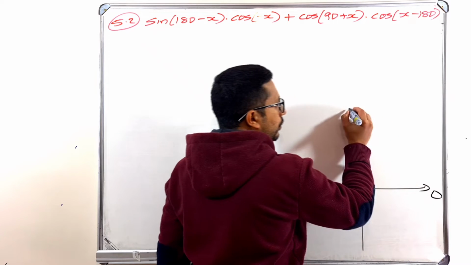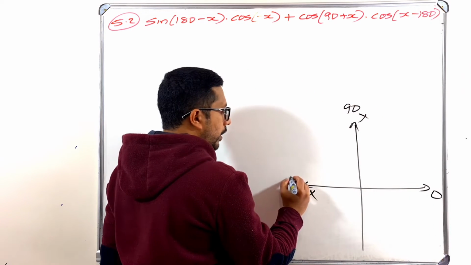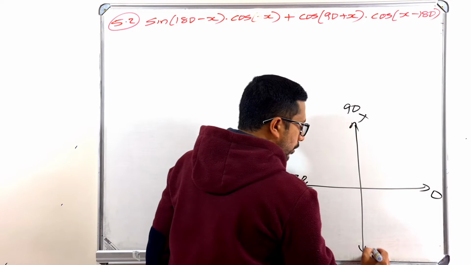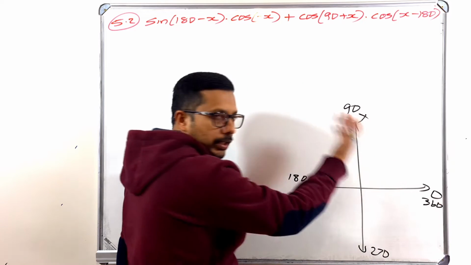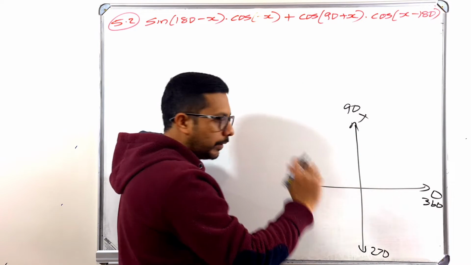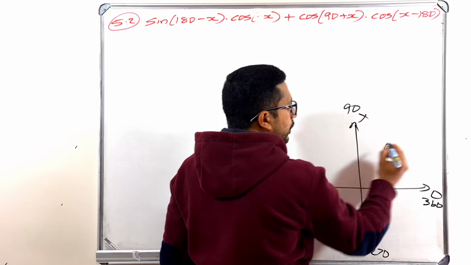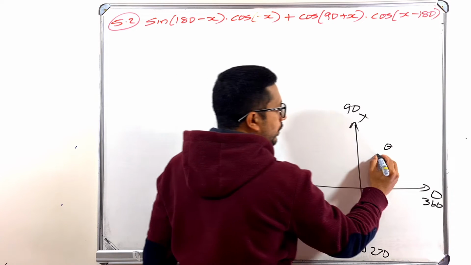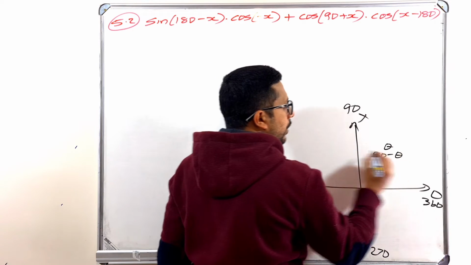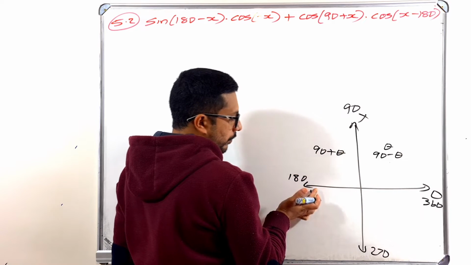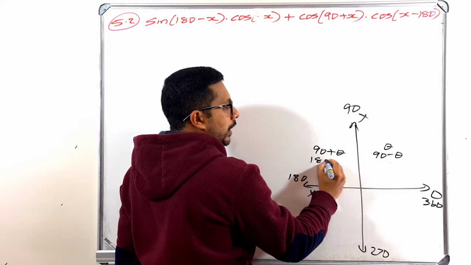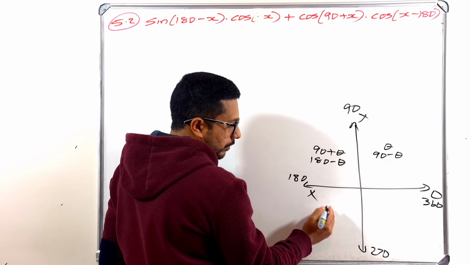This is 0, 90, 180, 270, then this is 360. Again it is rotation. Do you remember that one? Then this is theta, acute angle. How can you write this one? 90 minus theta, or this one is 90 plus theta, or from this side 180 minus theta.